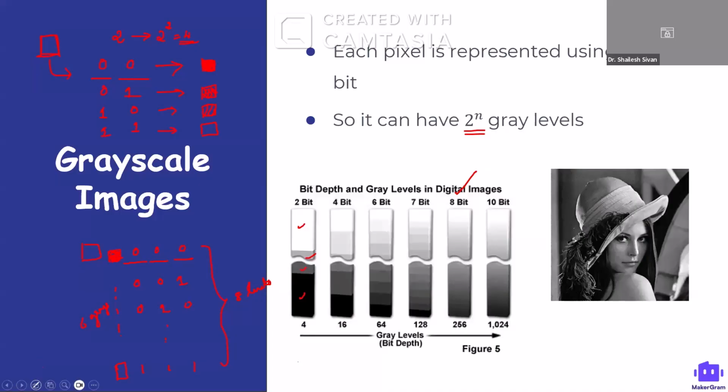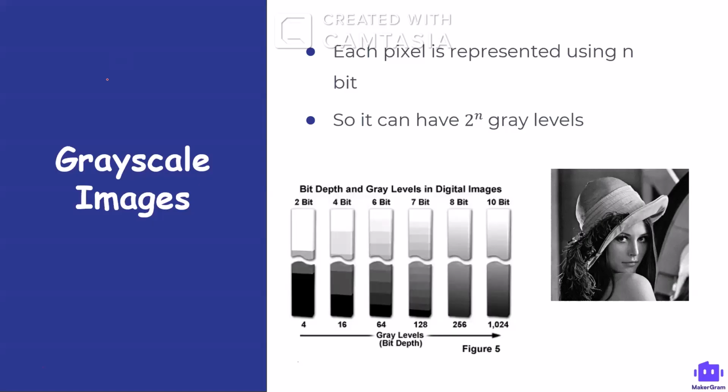So if you are using an 8-bit grayscale image, how many levels can you have? 2 raised to 8, starting from 0 till 255. There are 256 levels, and the first level is 0. The last level is 255 itself. Hope it is clear, right? Yes, sir.